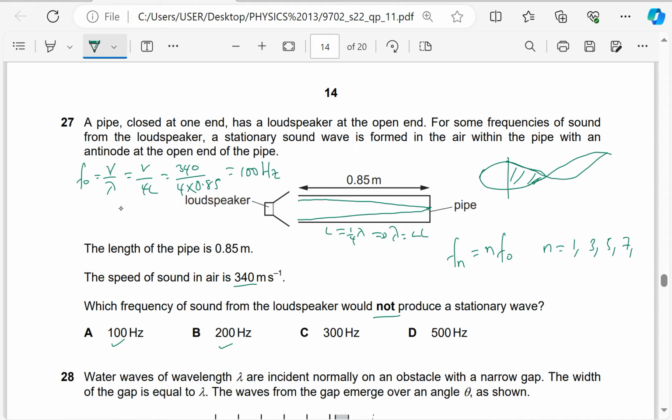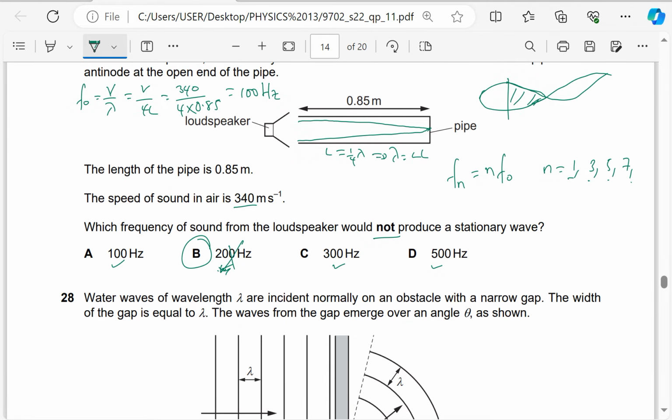It said which frequency of sound from the loudspeaker would not be possible. Then no, 200 is not possible because it is 1, 3, 5, 7. So this is not possible. This is possible. This is possible. So the answer is going to be B. Because if I put n equals 1 to be 100, n equals 3 to be 300, n equals 5 to be 500, then 700, and so on.